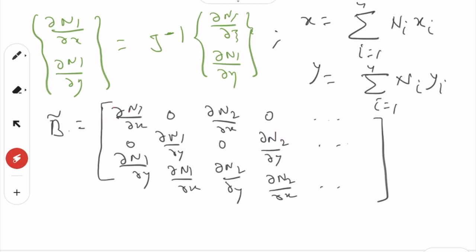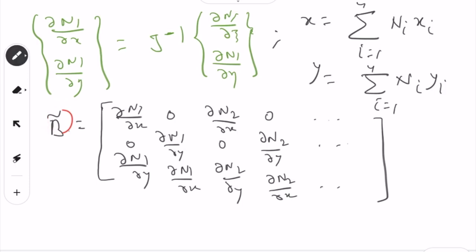So the bottom line is we cannot write it elegantly, but we can calculate del n1 over del x and del n1 over del y from here, put them in, and construct it.